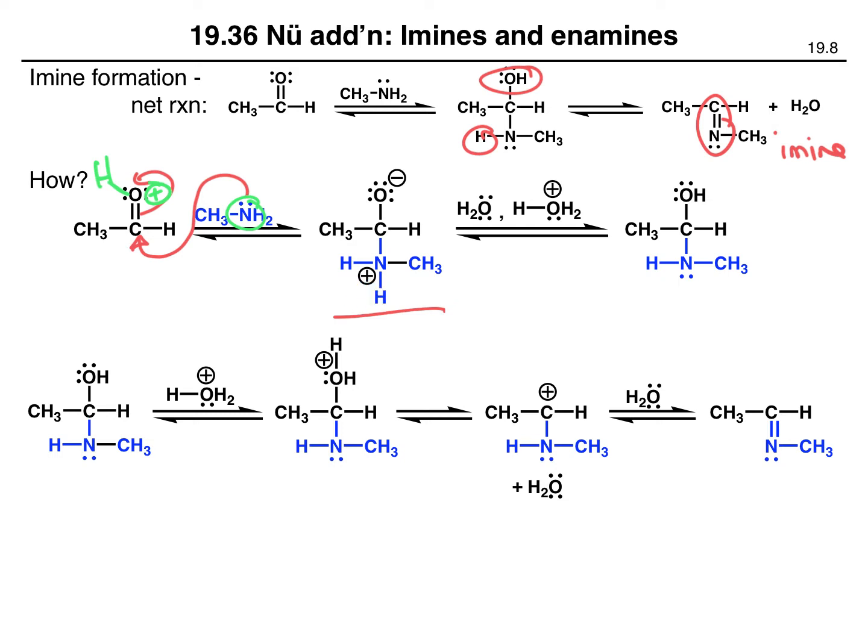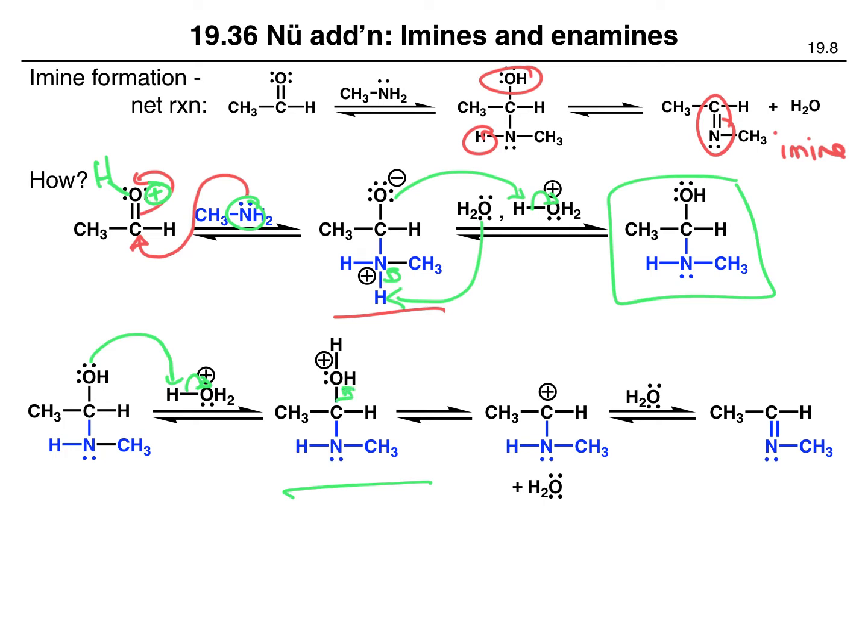From here, this can grab off a proton, put these electrons here. This can grab off a proton, put these electrons here, and that gives us the hemiaminal. Now the OH can grab a proton, pushing those electrons back onto the oxygen, giving us this protonated species.